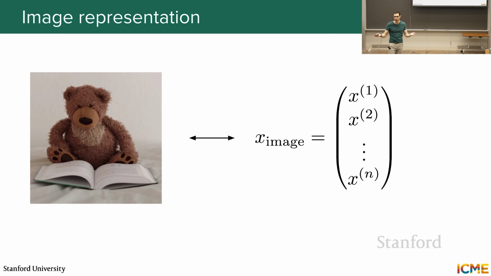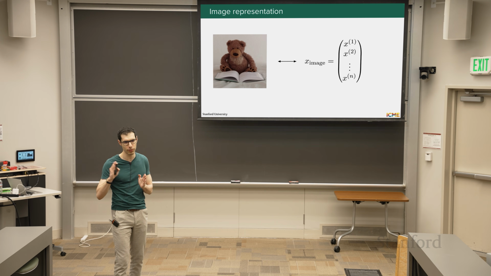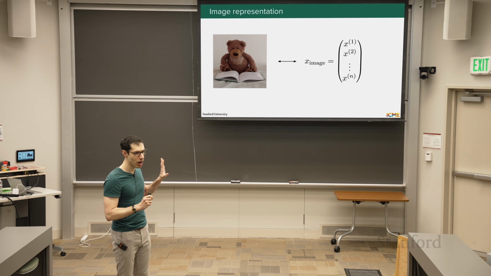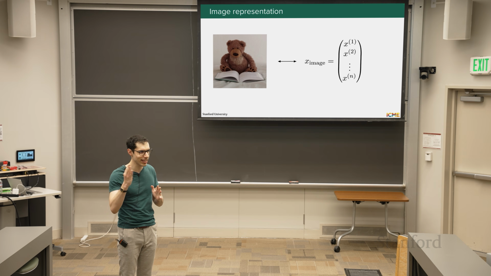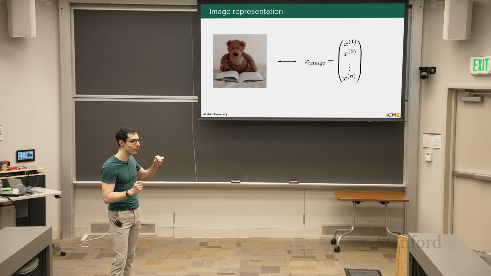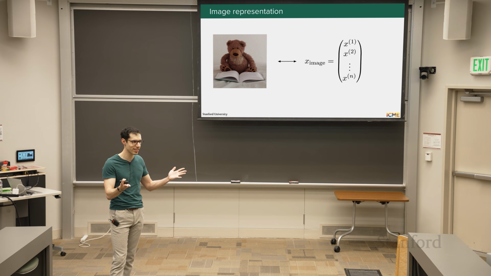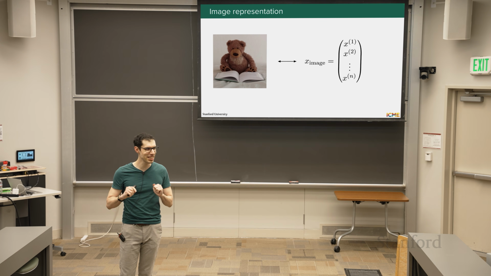So this would be one way to represent your images. Of course, this is not the most clever way of representing images, and we will see that more in lecture 4. But what I want you to remember is that when we talk about images here, when we say x_0, x_t, and so on, what we're talking about is actually vectors. And these vectors are the ones that are representing these images. Make sense?